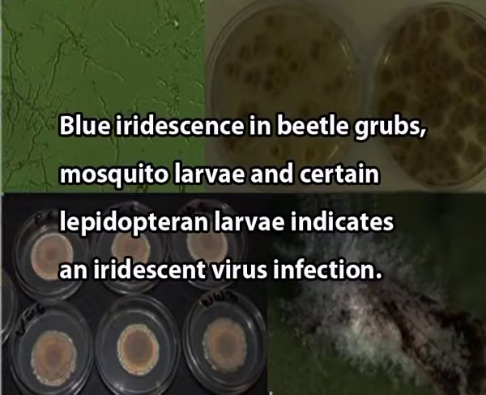Blue iridescence in beetle grubs, mosquito larvae, and certain lepidopteran larvae indicates an iridescent virus infection. The iridescence rapidly disappears with the death of the host. Sometimes a broad array of color changes is seen in dead insects, ranging from white, grey, red, orange, yellow, blue, green to brown and black.